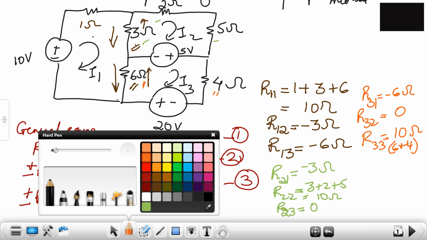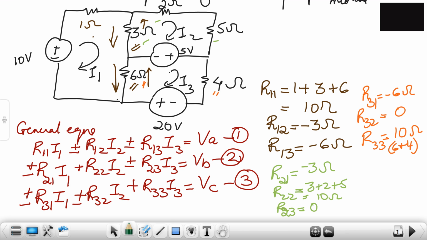The voltage VA, that is the voltage associated with loop 1, is how much? 10 volts. This is the voltage with respect to loop 1. What is the voltage with respect to loop 2?